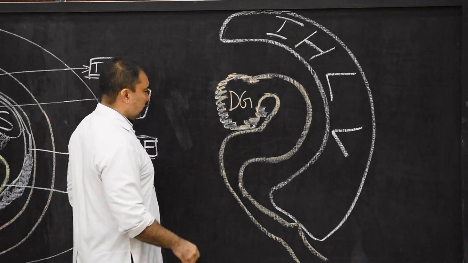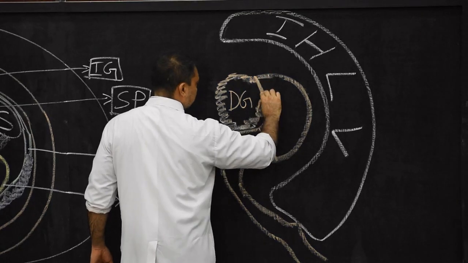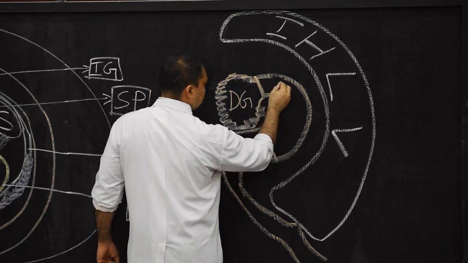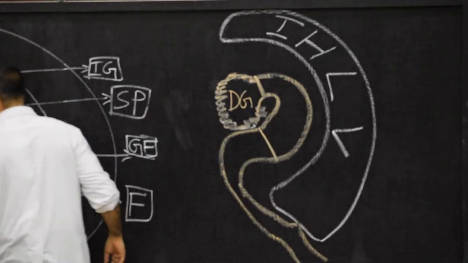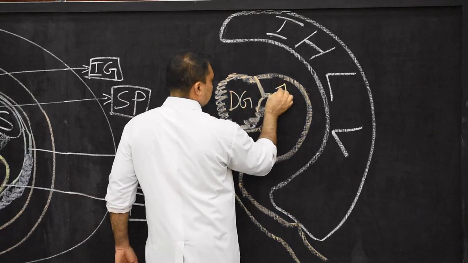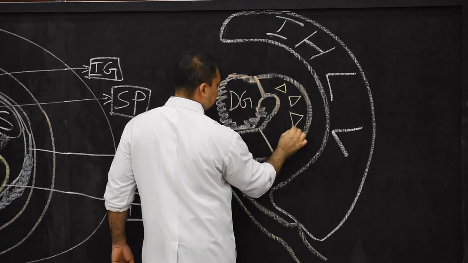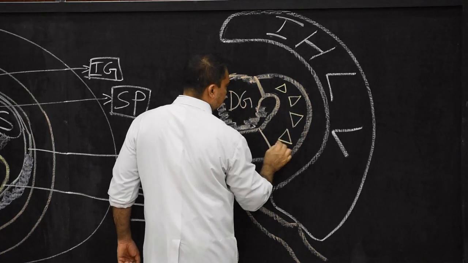Second component, now here in the second component we will divide this second component from this to this. So therefore here we will draw, there will be so many pyramidal cells, triangular shaped cells, and these all are pyramidal cells.